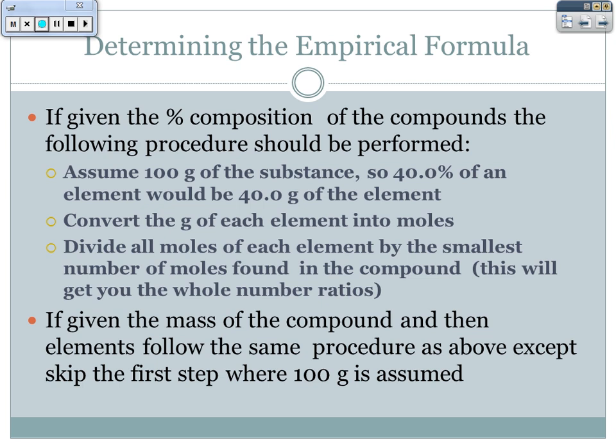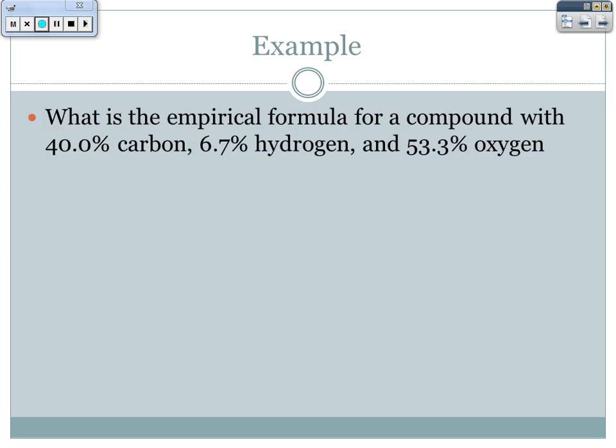So this is kind of confusing, so let's look at an actual example. What is the empirical formula for a compound with 40% carbon, 6.7% hydrogen, and 53.3% oxygen? So I'm going to assume 100 grams, so 40% of carbon becomes 40 grams of carbon.